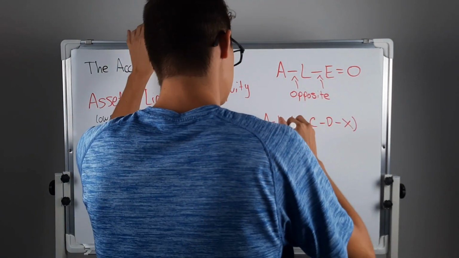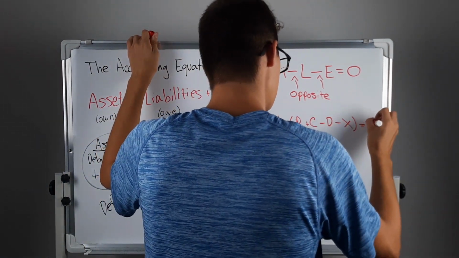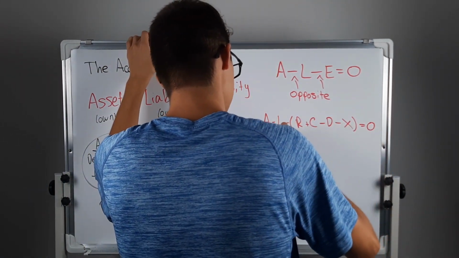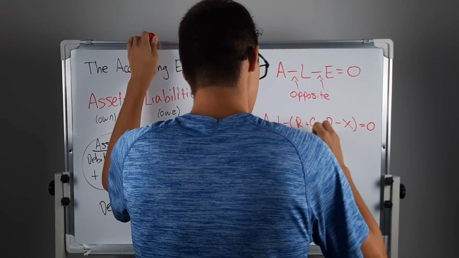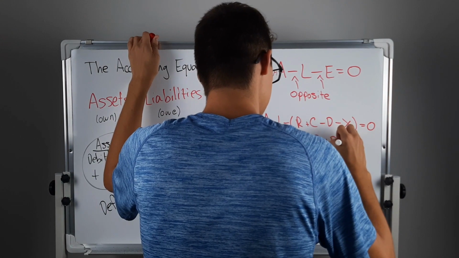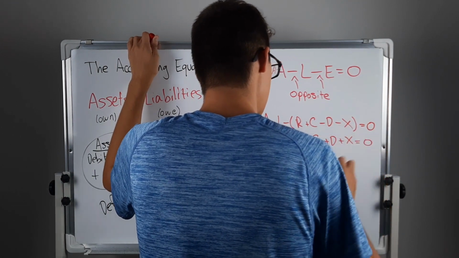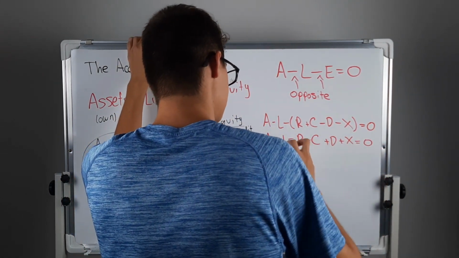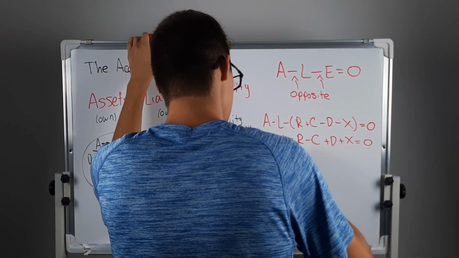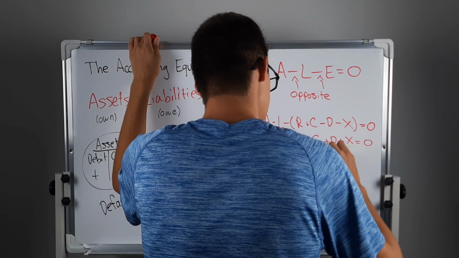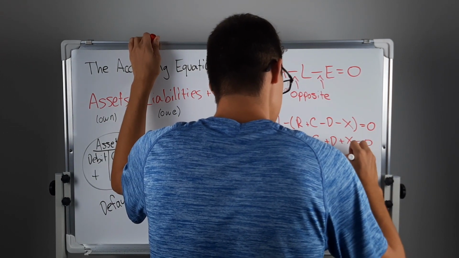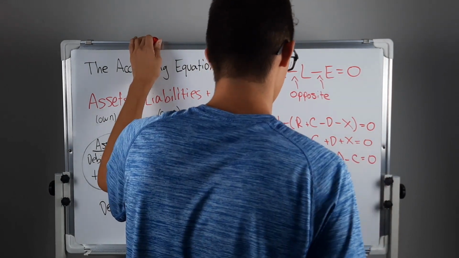We can distribute the negatives, so we have assets minus liabilities, minus revenue, minus common stock, plus dividends, plus expenses equals 0. Then we move everything so that it's the same: assets plus dividends plus expenses minus liabilities minus revenue minus common stock equals 0.